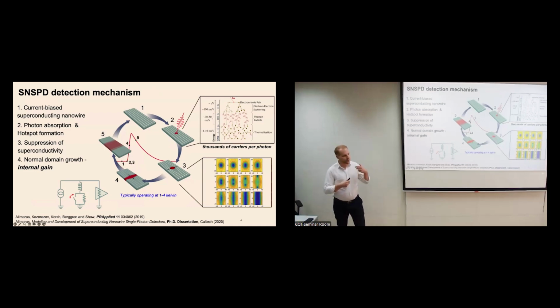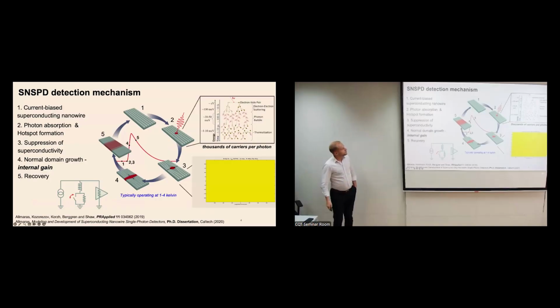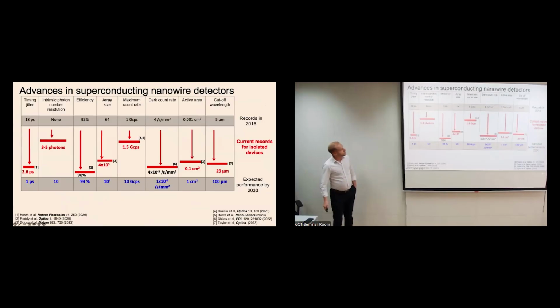For every single photon, you get a digital click where the resistance is quite large. You can model it like a switch in parallel with a resistor, so you get a click for every photon you absorb in the film. I can show you some simulations of how they work later if you want. But as I said, the most interesting topic right now is understanding how these vortices propagate in nanowires, so there's still a lot of material science to be done.